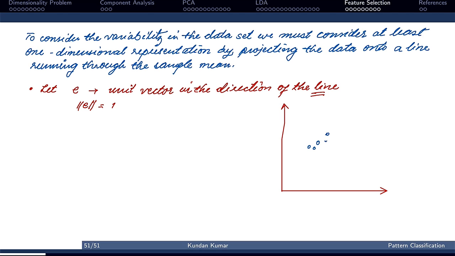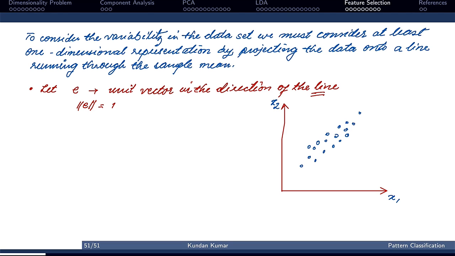So the set of data is something like this in the two-dimensional feature space. This is the two-dimensional data. Then we want to map this two-dimensional data to a one-dimensional representation.